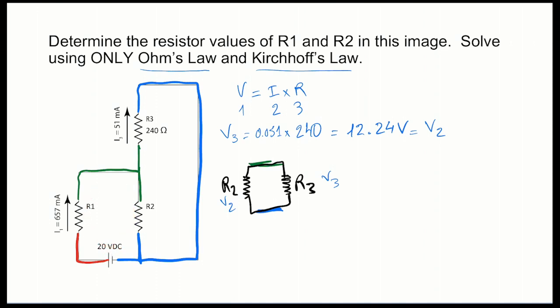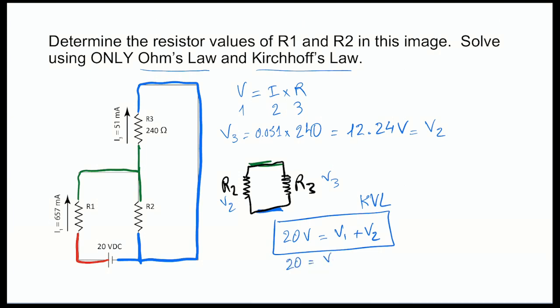In this loop, what we have is the voltage, the EMF, electromotive force, and then we have the voltage drops. So in that loop, we have 20 volts equal to V1 plus V2. That's Kirchhoff's voltage law applied to this circuit. V2, we just determined, is 12.24.